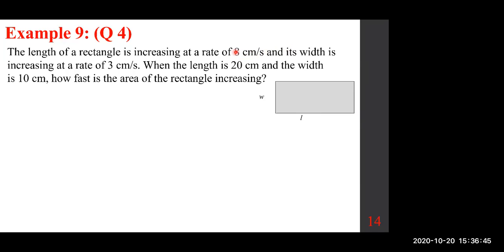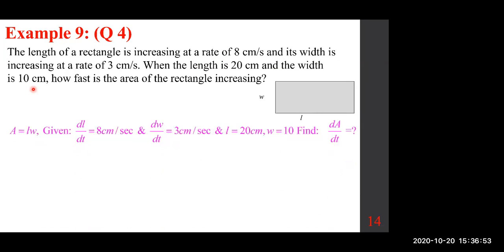And the width, dW/dt, is 3 centimeters per second. The length is 20 centimeters, and the width is 10 centimeters. So everything is given. Find dA/dt. It's really pretty straightforward.